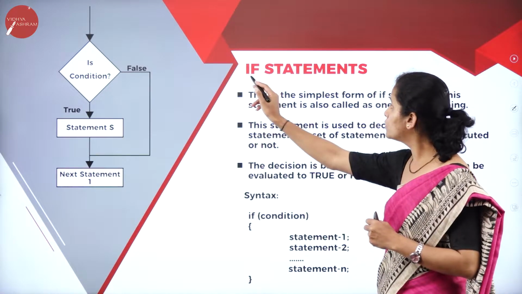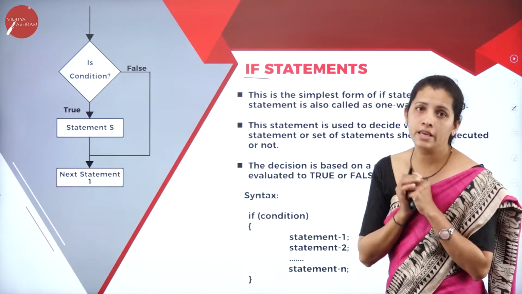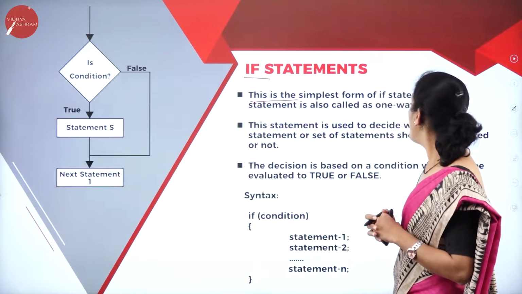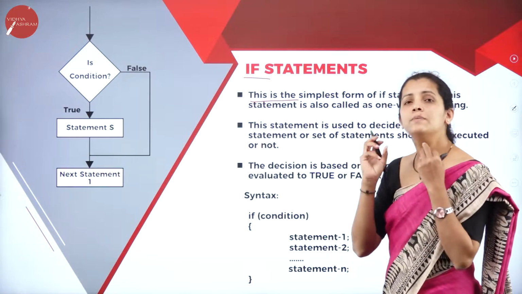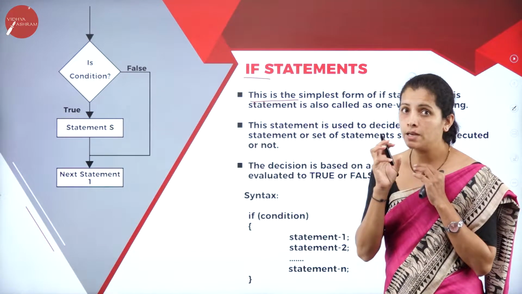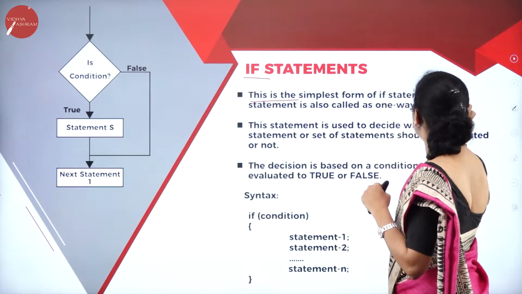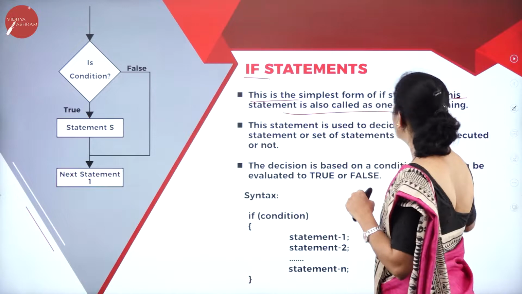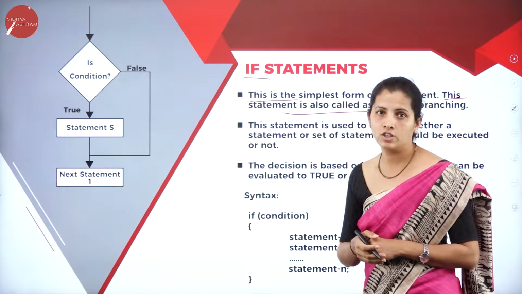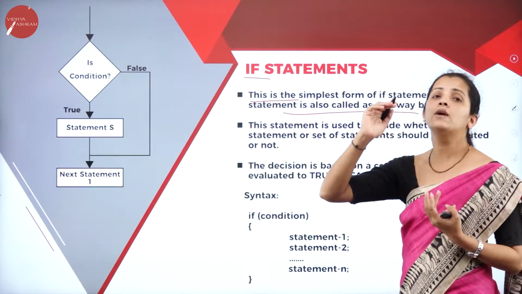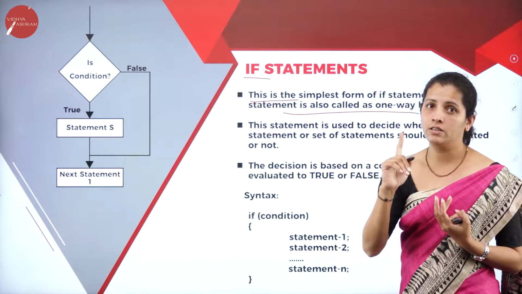Moving further, I'm going to have the simple if statement. So here I'm going to have only the if keyword. This is the simplest form of statement and the most commonly used statement. This statement is also called one-way branching. So what is one-way branching? Here I can take only one decision.